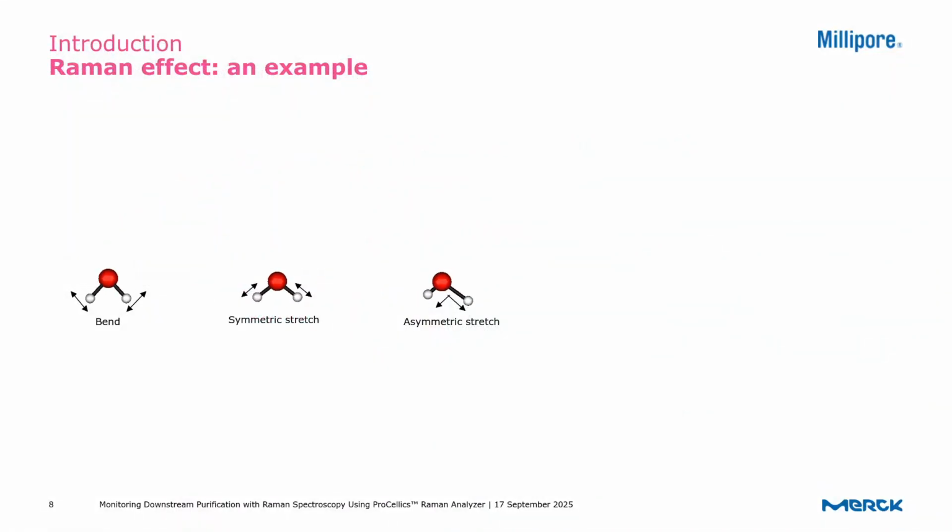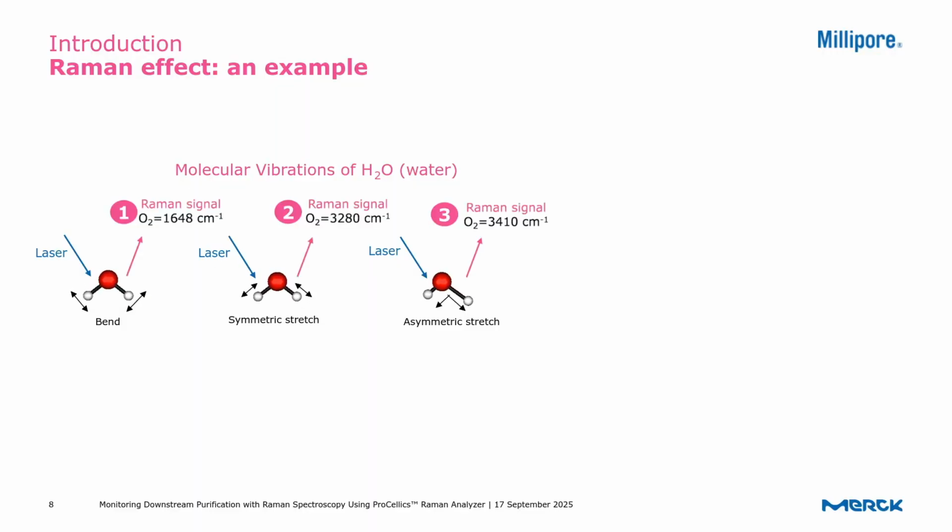To give an example of that, we have a water molecule. When a laser is exciting the water molecule, we're seeing multiple different types of bends and stretches occurring, and those specific bends and stretches are correlated to specific portions of the Raman shift.